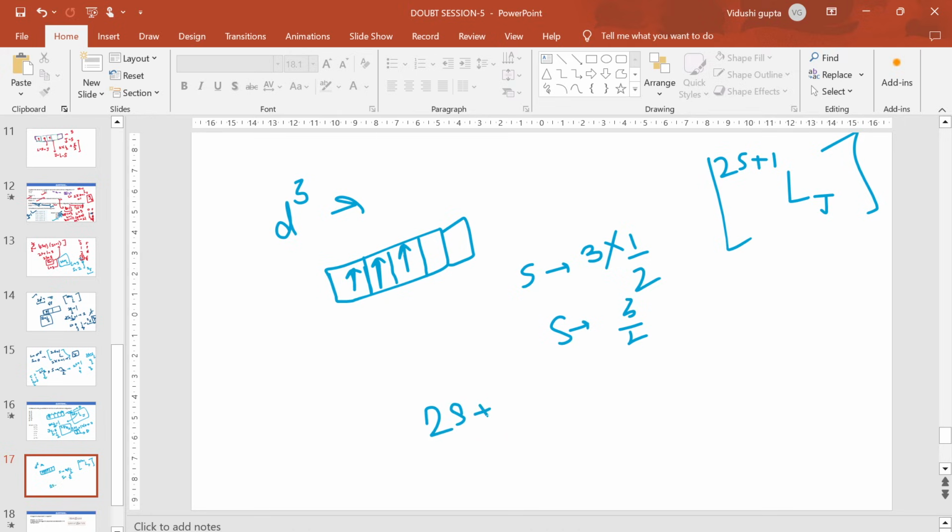So 2S plus 1 will be 2 into 3 by 2 plus 1, that is 4.